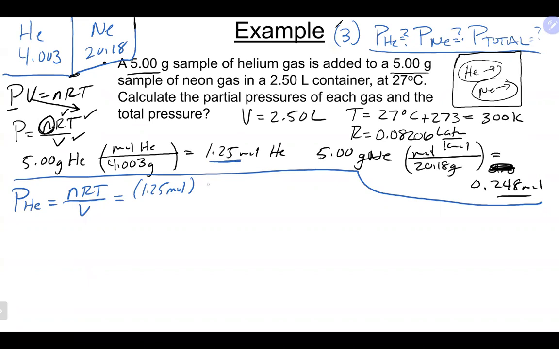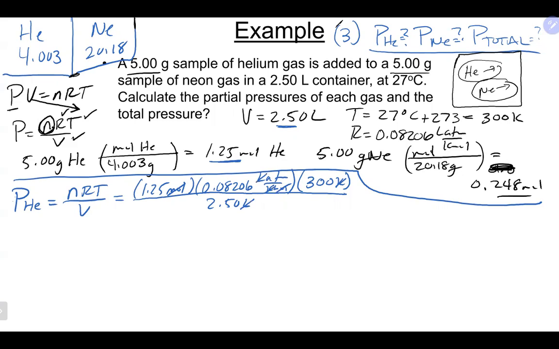Our R, our constant, is 0.08206 liters atmosphere per Kelvin mole. Our temperature, which is the same for everybody here, is 300 Kelvin. All divided by our volume, which is also the same for everybody, 2.50 liters. At this point, the moles will cancel, the Kelvin will cancel, and the liters will cancel. That's going to leave us atmospheres left over.